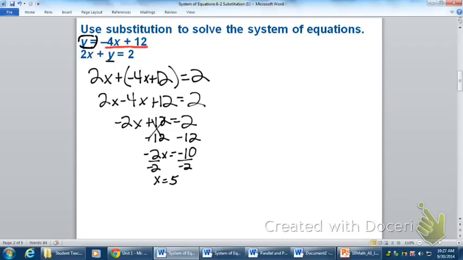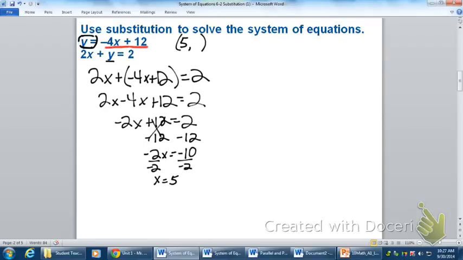Now, we solved for x. So if we're trying to figure out our x and y, our coordinates, the only thing you need to do is substitute that 5, because we're trying to find y. You would substitute that 5 in for x in either one of those equations.